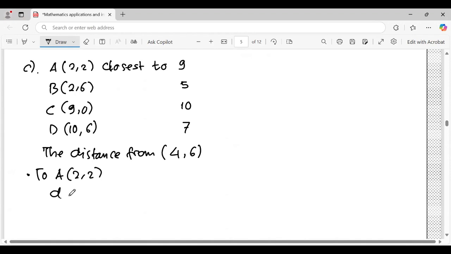So the distance equals the square root of (4 minus 2) squared plus (6 minus 2) squared. And the result is square root 20.